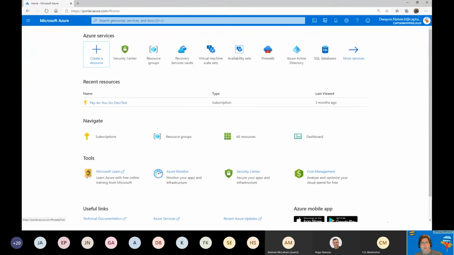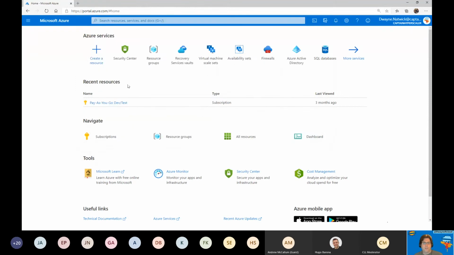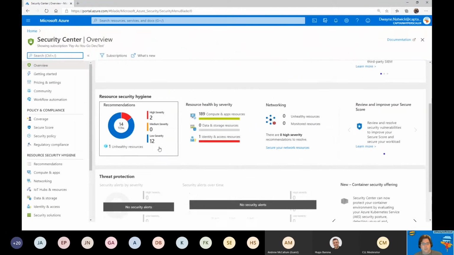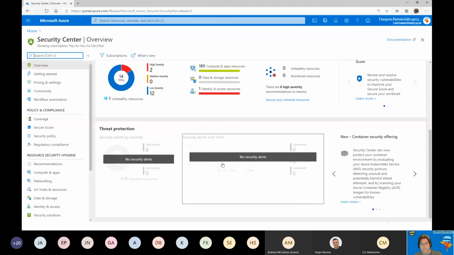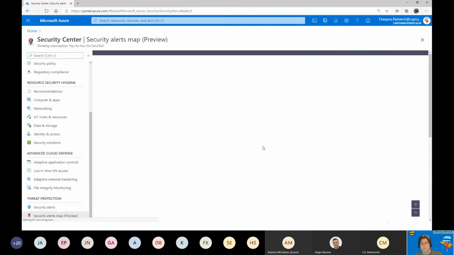And then the other thing I wanted to show in Security Center is down here you have your threat protection. If I had any threats, it would put them in here, and you also have the ability for threat mapping.